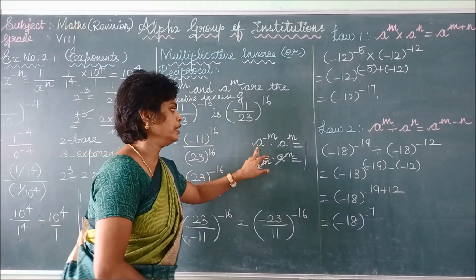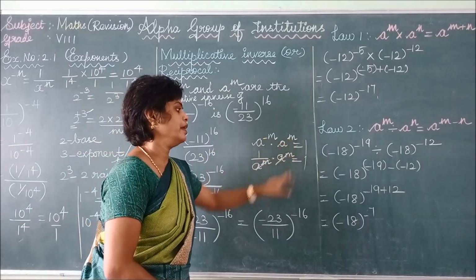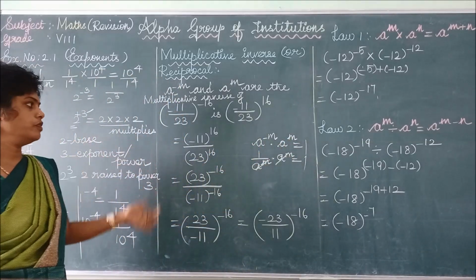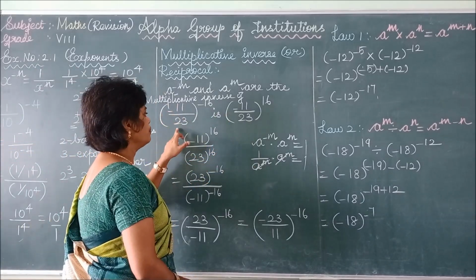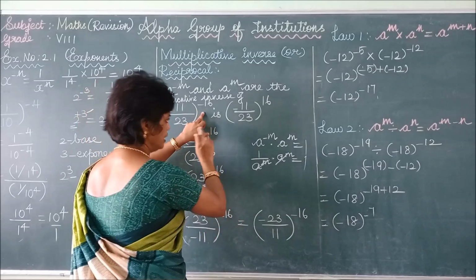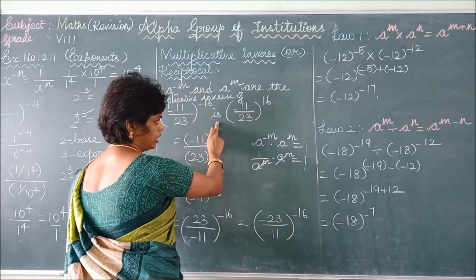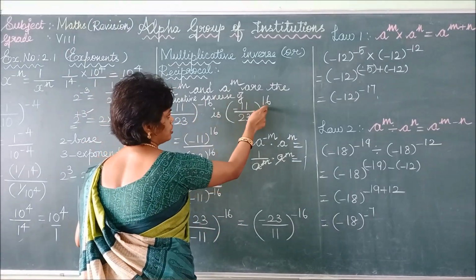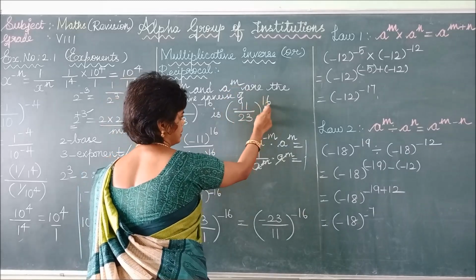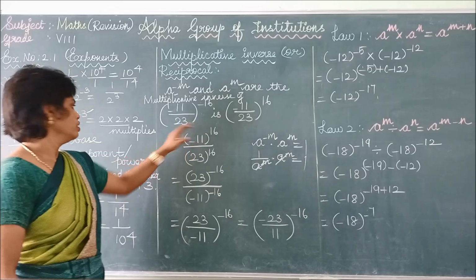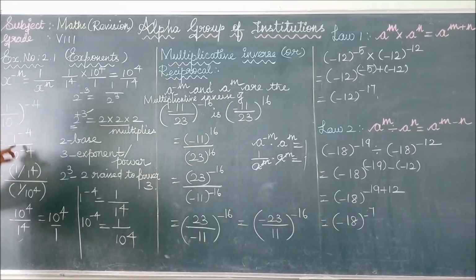That's why we call a power minus m and a power m the multiplicative inverses of each other. So using this one, we can write minus 11 by 23 whole power 16. So minus m changes into a plus m. Minus 11 divided by 23 power 16. Then listen here. Using the same, we split and write the powers.